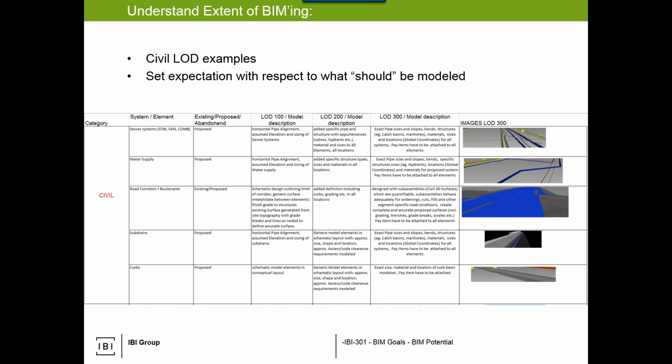On some of our civil projects, we've had some intriguing discussions on what does LOD 300 mean? So this here was actually a Viva project initially, and our contractor sat with us and said, we want you to model these, and this is what it looked like on previous projects.